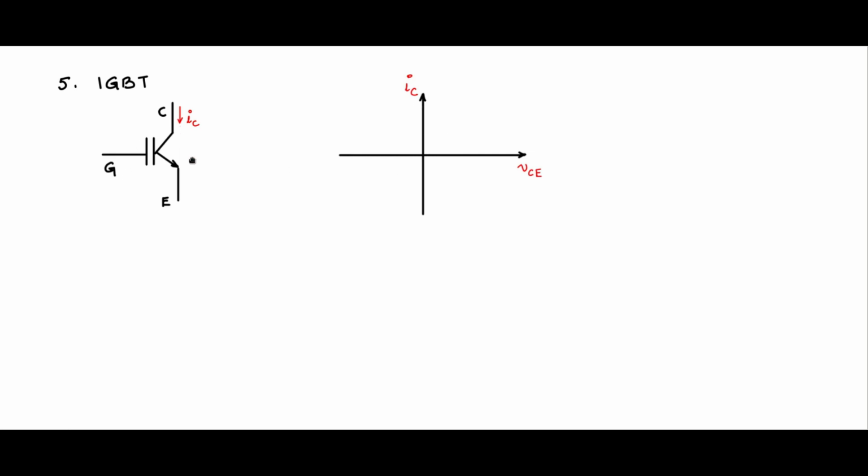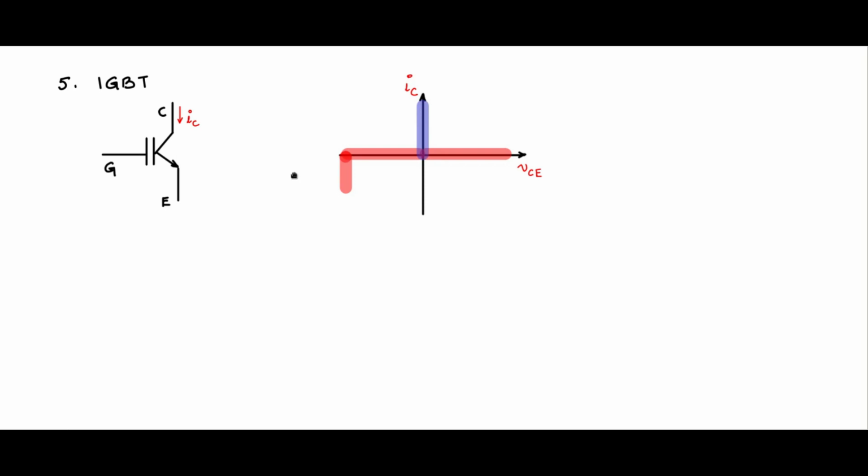When the IGBT is off, it can withstand positive voltages. It can also withstand negative voltages till it reaches breakdown. And when the IGBT is on, it can pass positive currents only. So this becomes the character of the IGBT, the pattern of that.